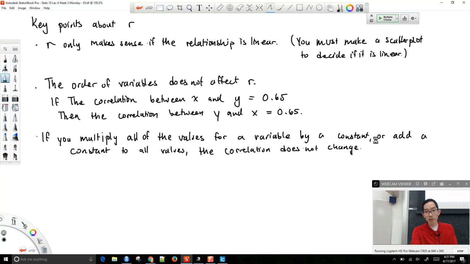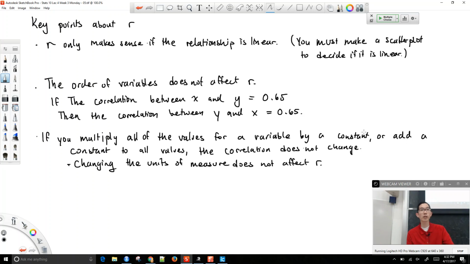In a practical sense, this means changing your units of measure will not affect correlation. Changing from feet to inches or some other units is usually just adding or multiplying by a constant. So changing the units of measure does not affect R.